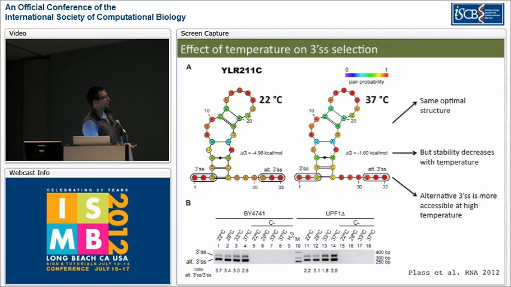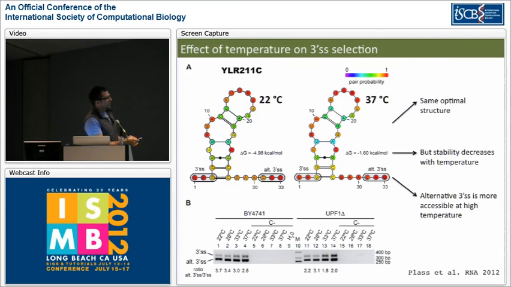So this is a case where there was an alternative 3' splice site, which is now downstream. That means this is exonic, and the structure is inside the exon. So the optimal structure is the same one for both cases. That's okay because it's just one optimal structure. That means that's the most probable one.